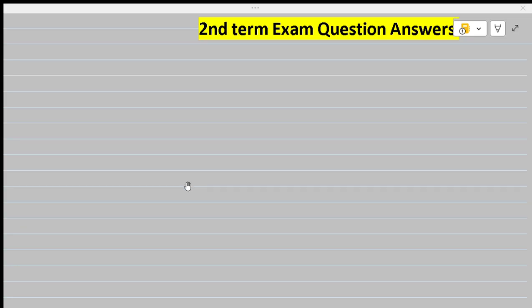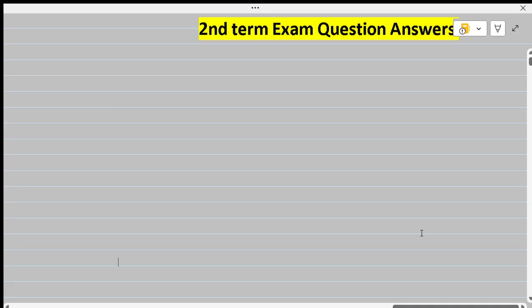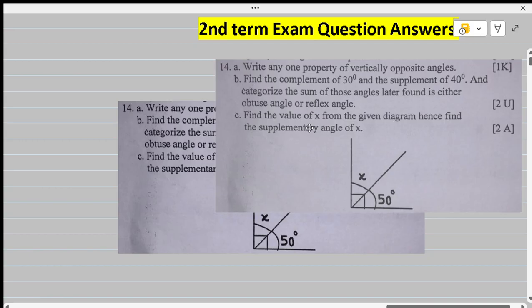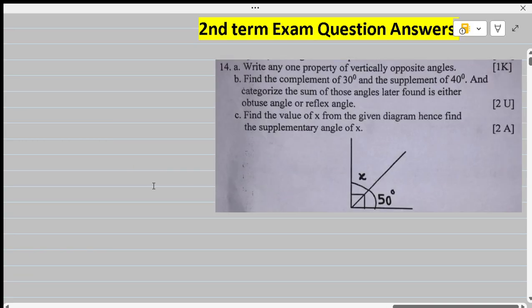Okay, first I go with 14 number ABC. Okay, what's here in 14 number A?